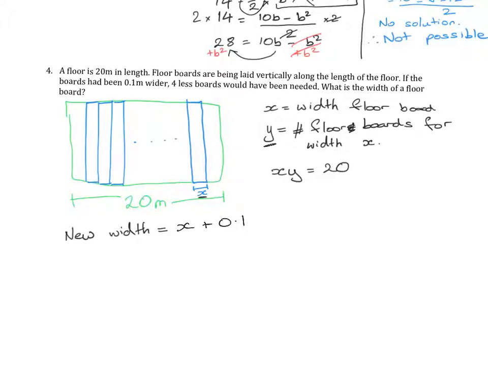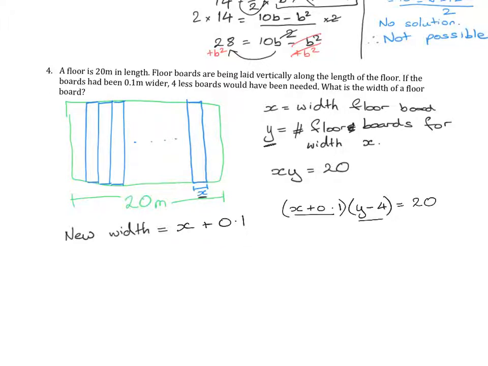So for the new width, it would be x plus 0.1 times y minus 4. So that's the new width times the new number of floorboards, which is 4 less than the original number of floorboards. And all of that would equal 20.